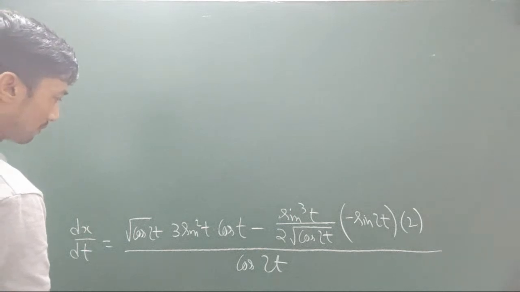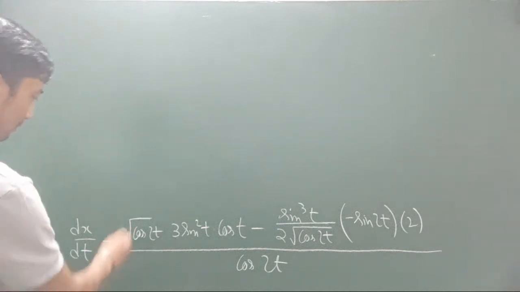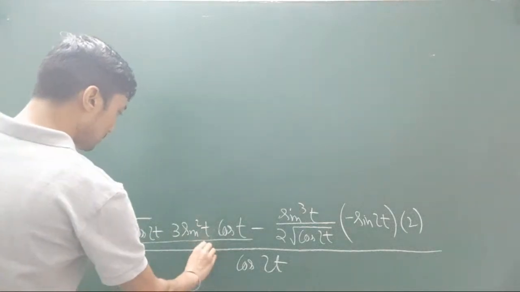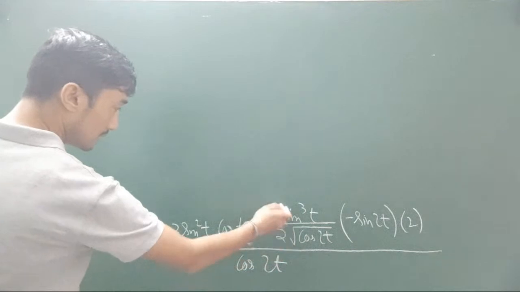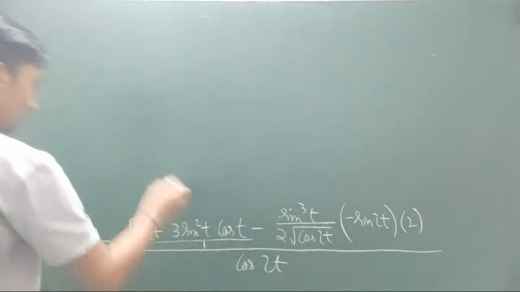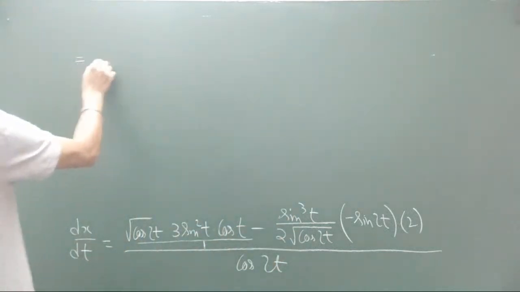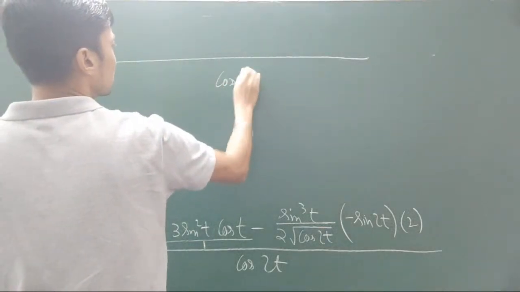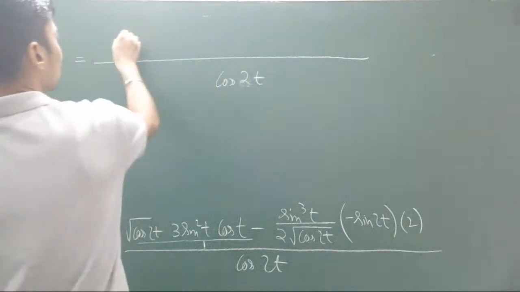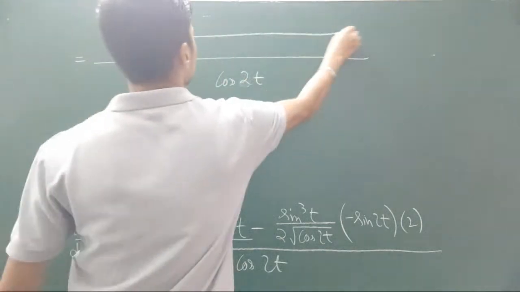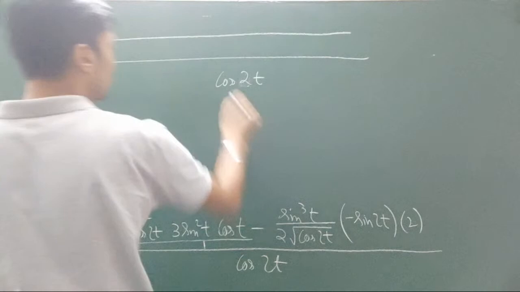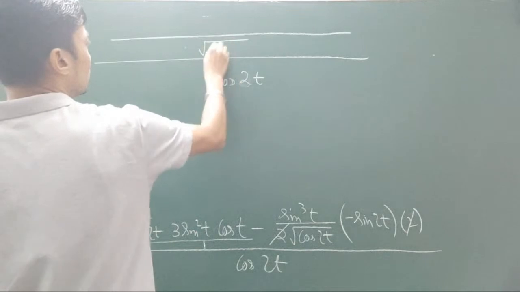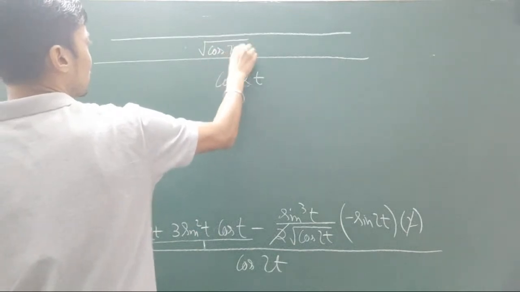Okay. So this is like whole divided by 1, because we have this by this, you have a quotient here also. So I'm going to take the LCM now. So the common LCM, okay, 2 I can cancel here, no need to write. So common LCM will be root over of cos 2t.